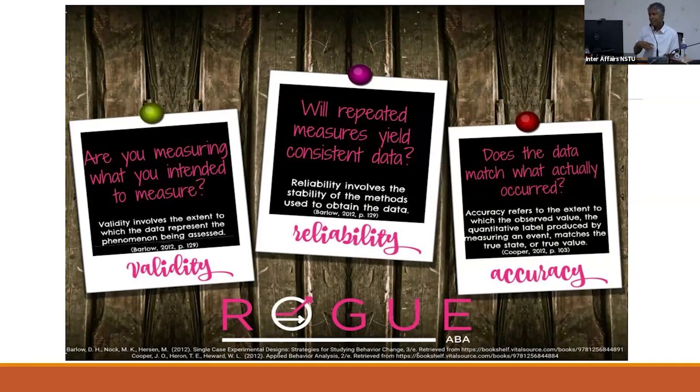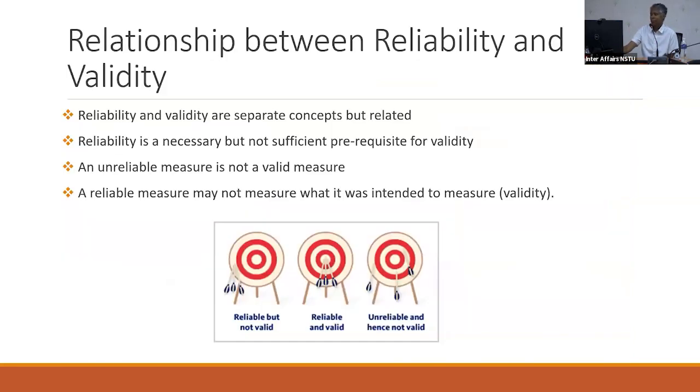If you use that same data collection tool and that construct doesn't change within an individual, then the results should be fairly reliable, fairly the same from time to time. And then accuracy is when the variable is both reliable and valid.